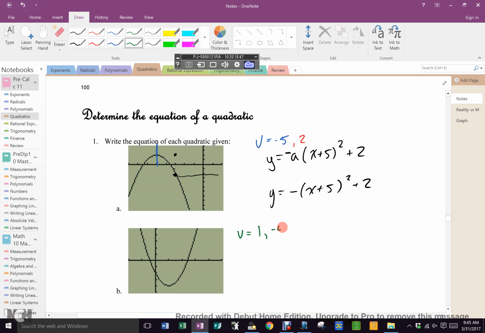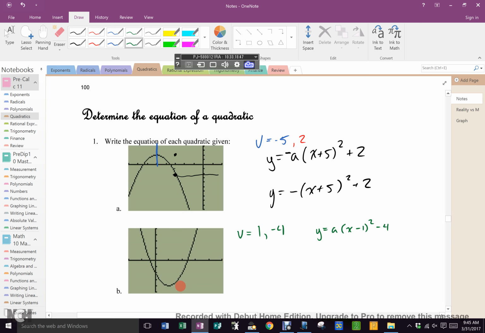Which automatically gives us this. Y equals A, x minus 1 squared minus 4. Now all I got to do is check the stretch factor. So find any other point and see what the stretch is.